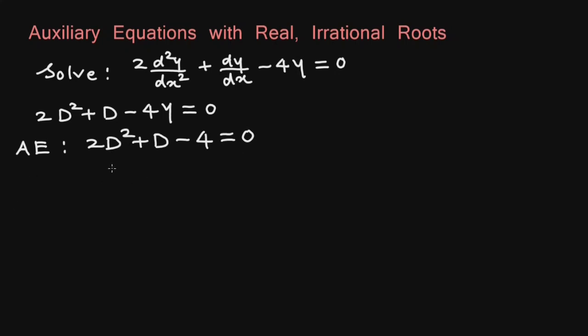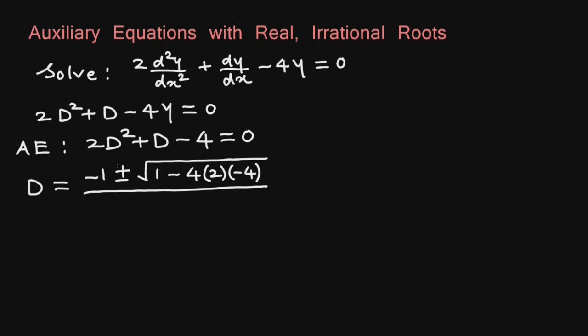This is a quadratic equation in D. We will solve it by the formula method. So by the quadratic formula, D is minus b, that is minus 1, plus minus square root of b square, that is 1 square, 1 minus 4ac, 4 into 2 into minus 4, upon 2a, 2 2s are 4.